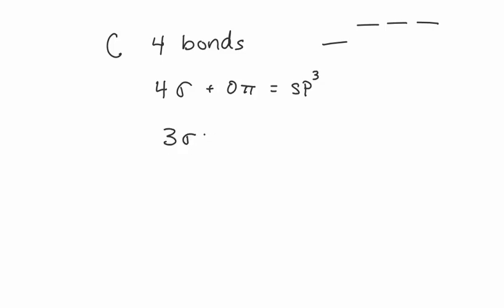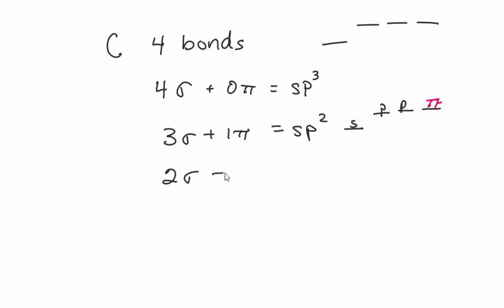If we have 3 sigma and 1 pi bond, then we are sp2 hybridized. That means we have used one of our p orbitals for a pi bond, so all that's left to hybridize is an S and 2 P's, sp2.